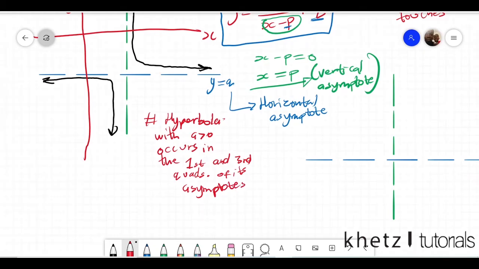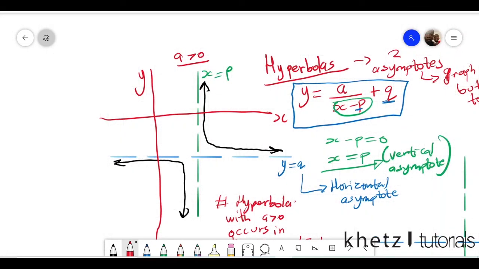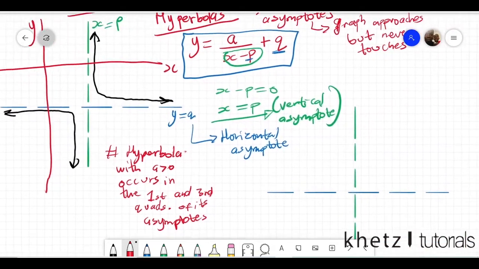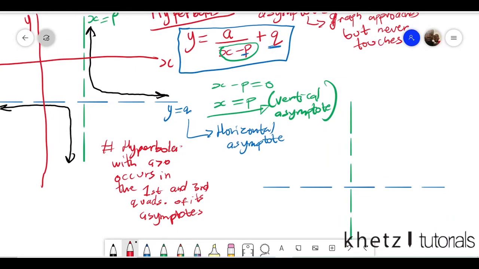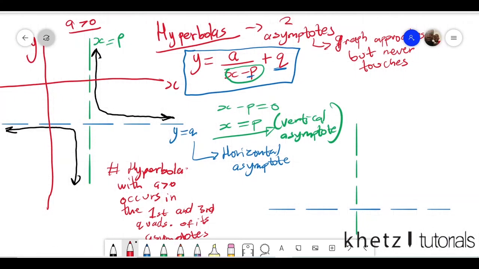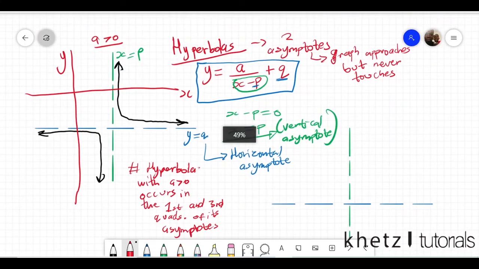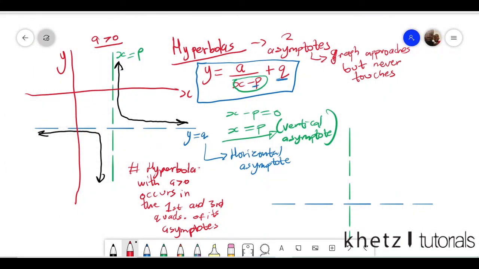Your role is therefore not to place your hyperbolas with respect to the axes, but with respect to their asymptotes. So the first thing would be to find the asymptotes and then sketch your hyperbola according to those. So that is the explanation of your a, p, and q.